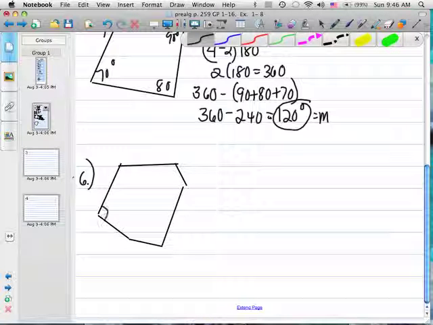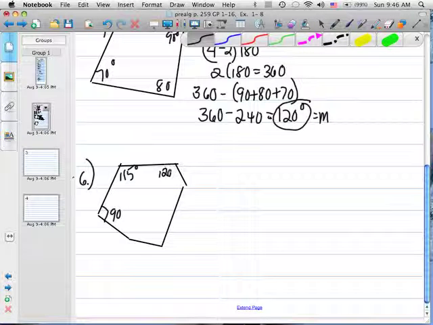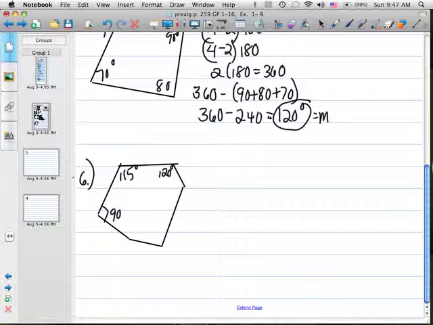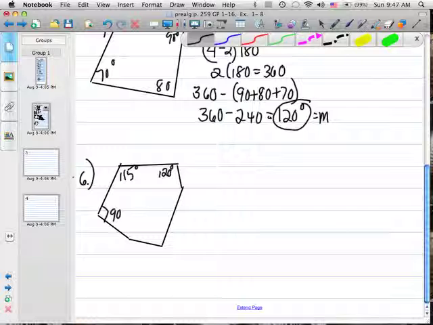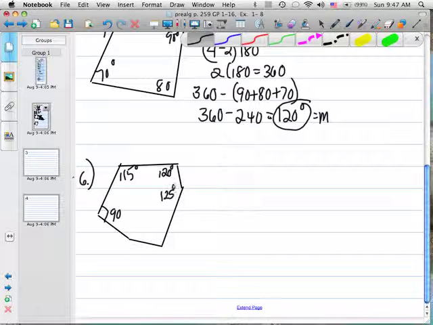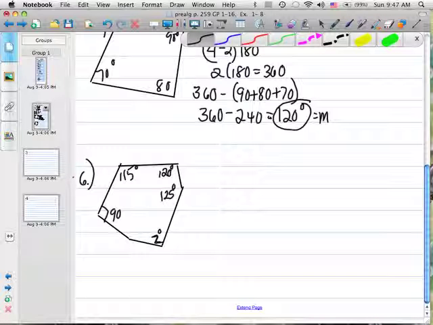And we have this side's a right angle, 90. This is 115, 120. This is 125. This is the one we're looking for, Z. And this is 156.